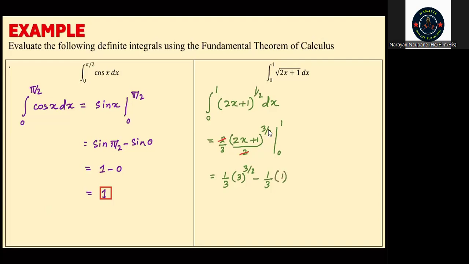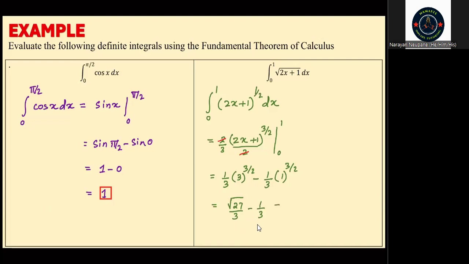So for the first, it is like 3 cubed. 3 cubed is 27 with the square root. Power half means square root. So that's like square root of 27 over 3 minus 1/3.